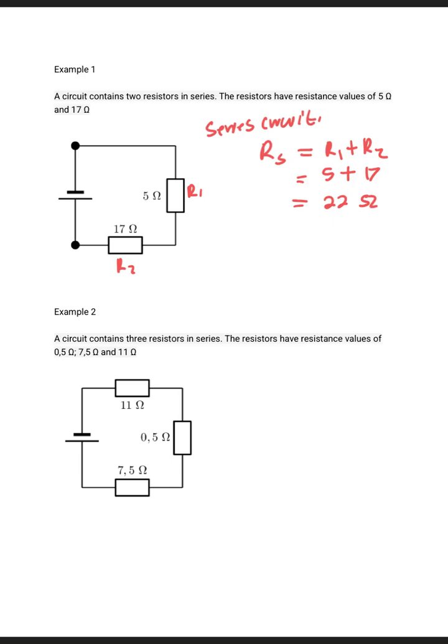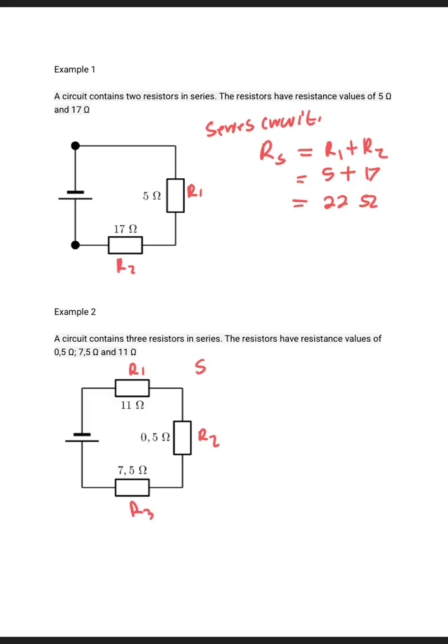Then example 2: a circuit contains 3 resistors, which I'll call R1, R2, and R3. The resistors have resistance values of 0.5 ohm, 7.5 ohm, and 11 ohms. So R1 is 11 ohms, R2 is 0.5 ohm, and R3 is 7.5.